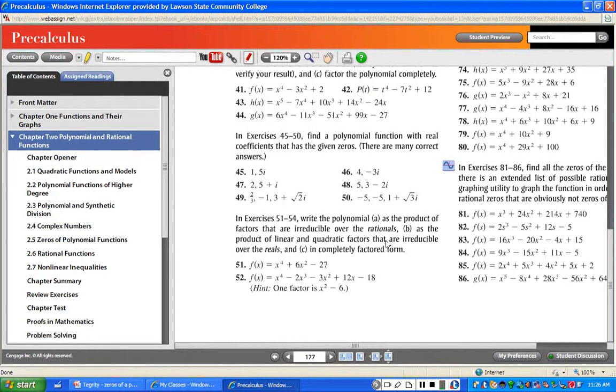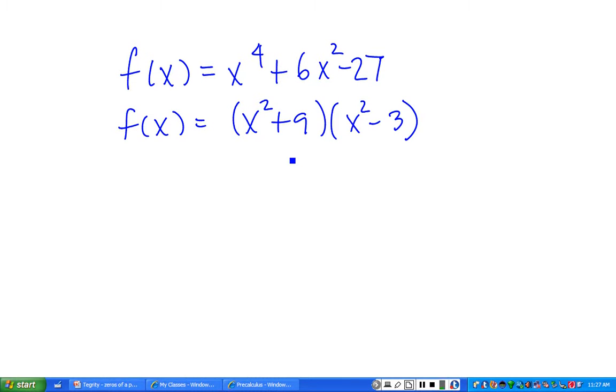Then it says b as the product of linear and quadratic factors that are irreducible over the reals. Then it says c in completely factored form. This is considered to be a, the answer to a.